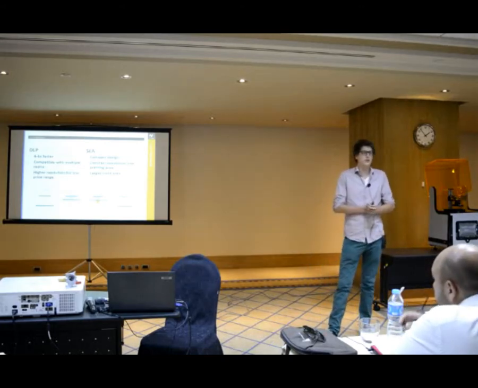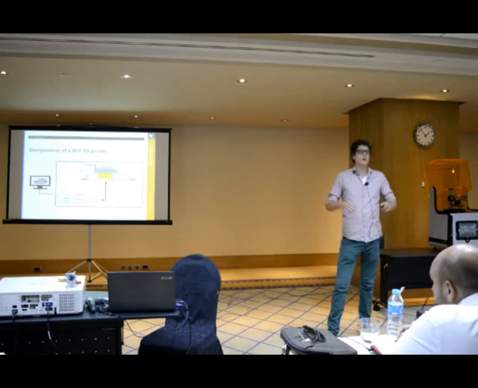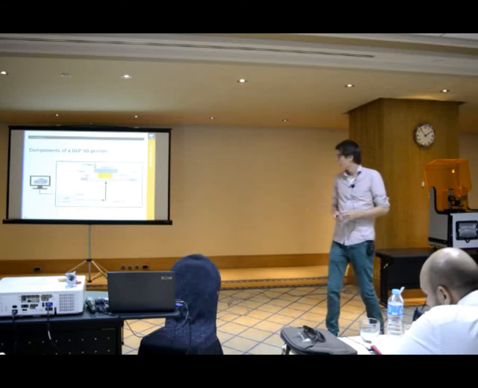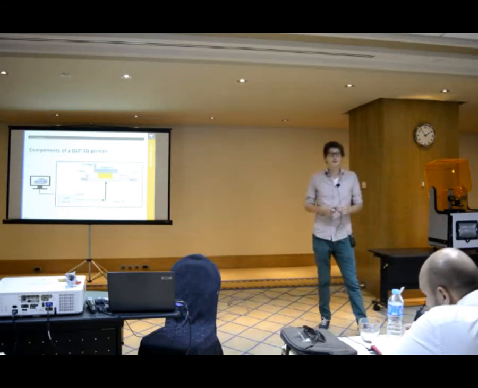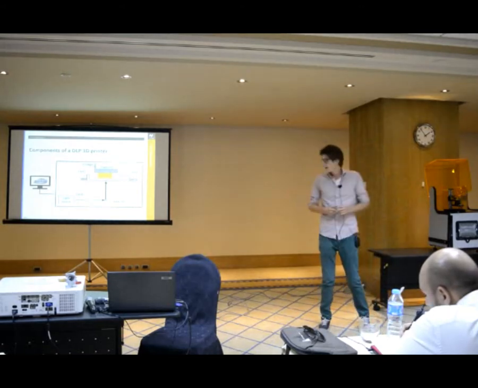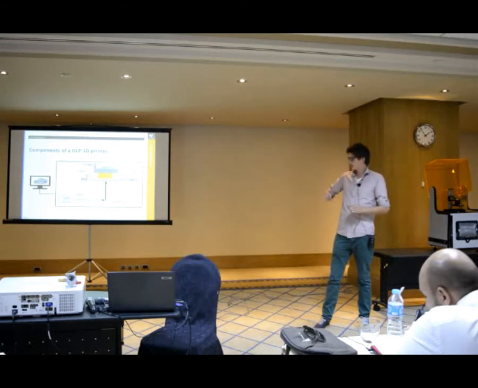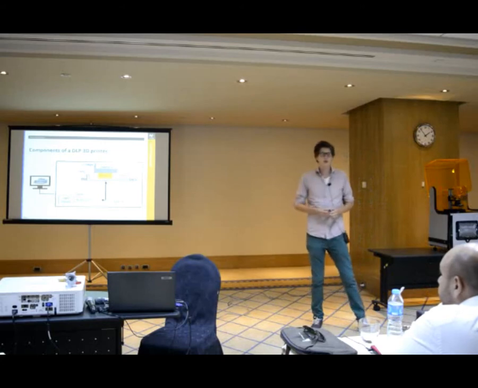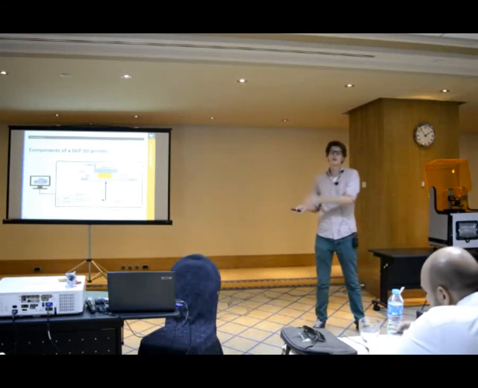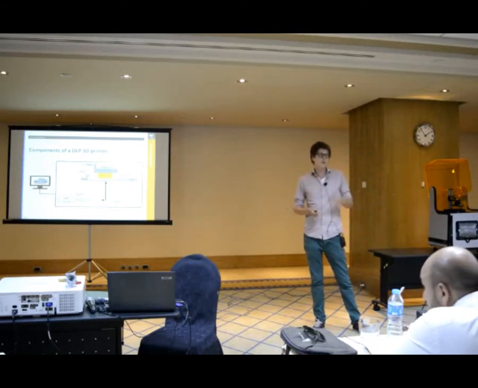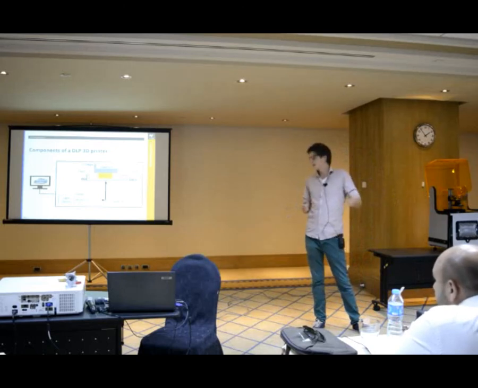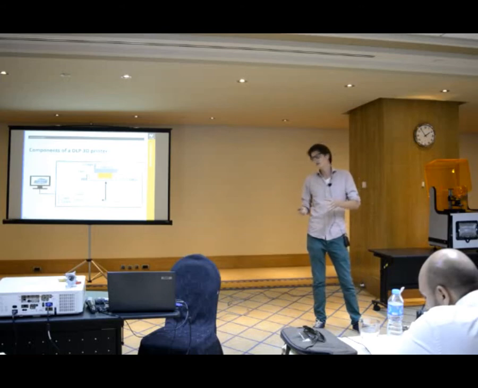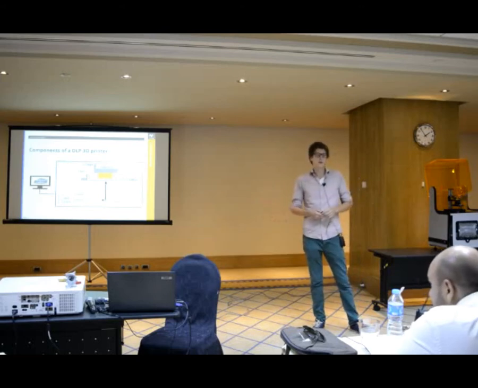So now I want to continue to explain what the components of a DLP printing device are. Basically, it consists of these 4 elements. First, on the left-hand side, you have the computer. The computer interacts with you and with the machine itself: you tell it, I want this to be printed, and it tells the machine how to build it.